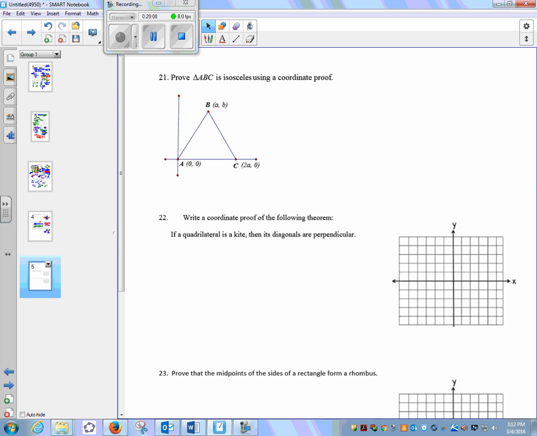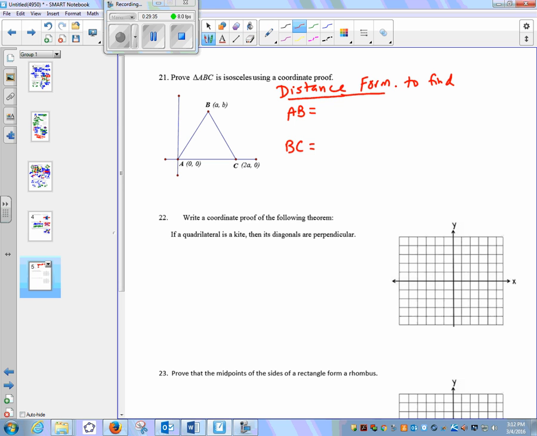Okay, prove that this is an isosceles triangle using a coordinate proof. Remember with coordinate proofs, we are going to show what formulas we're using. So to prove that it's an isosceles triangle, we're going to use the distance formula to find the length of each side, AB, BC, and AC.